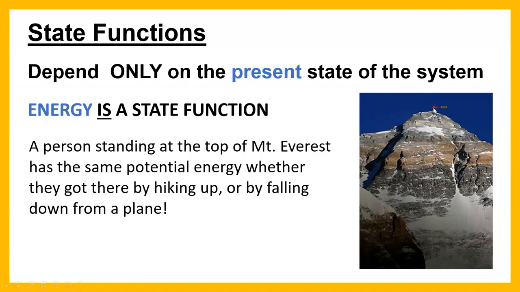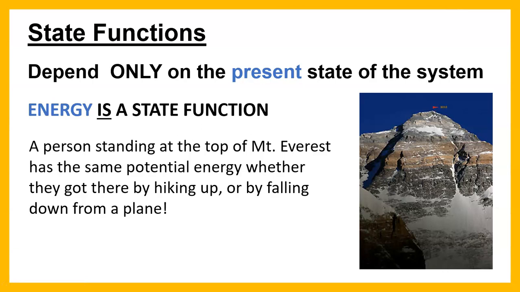If they were dropped from a helicopter and they parachuted down here versus they climbed all the way to the top, at the end, if they're both standing at the top, they would possess the same amount of potential energy.